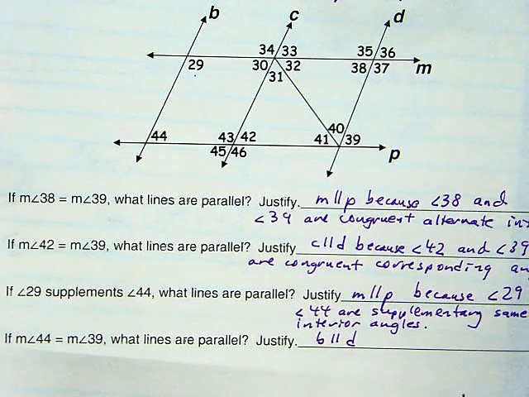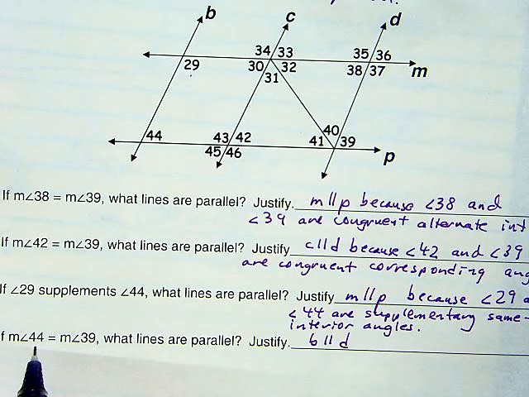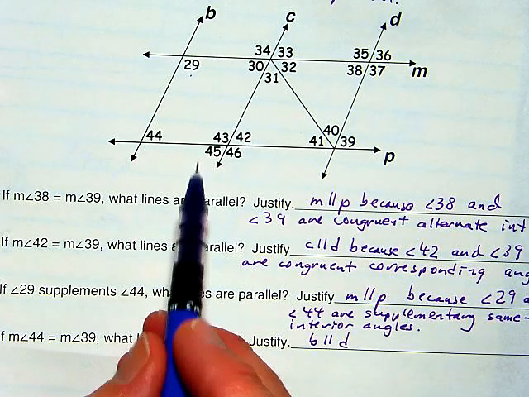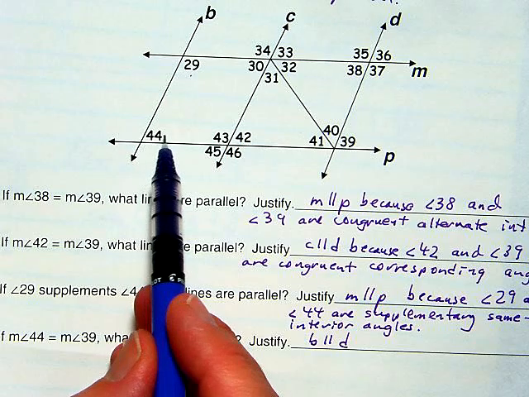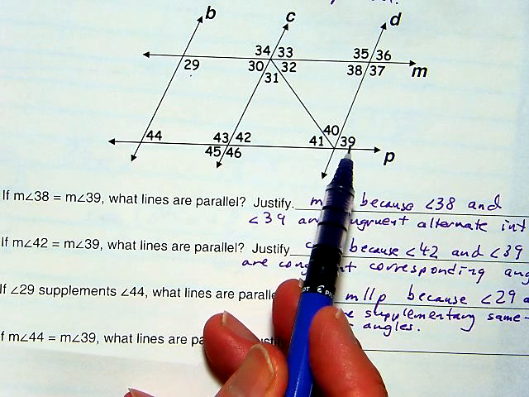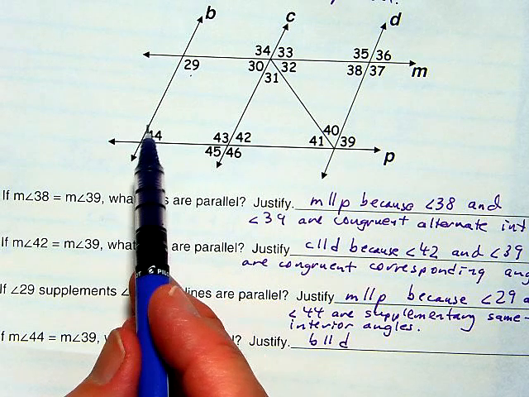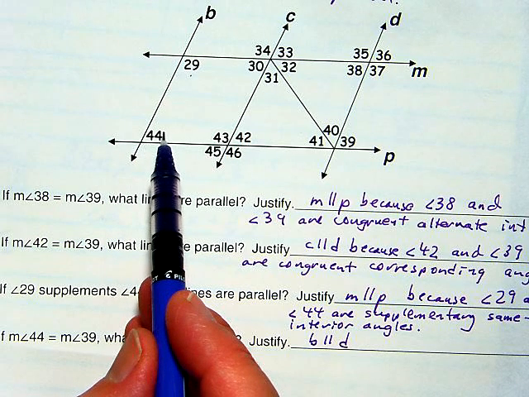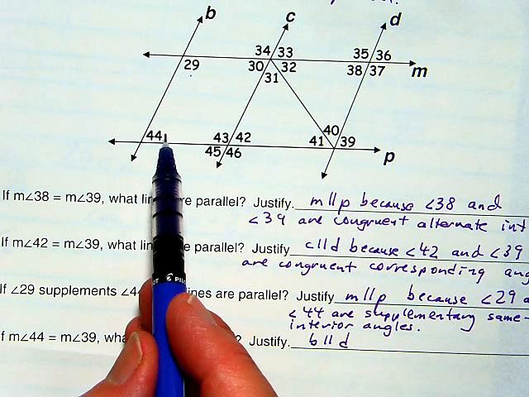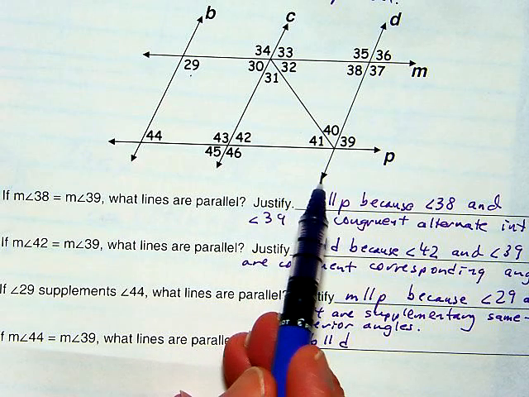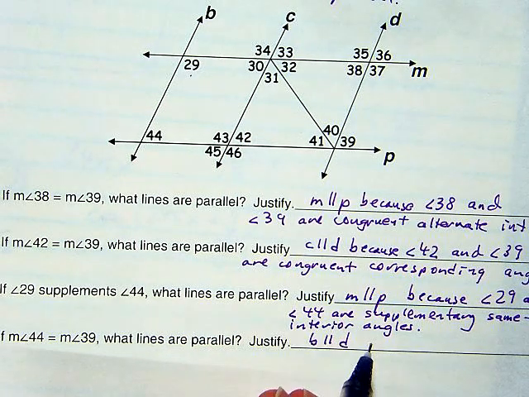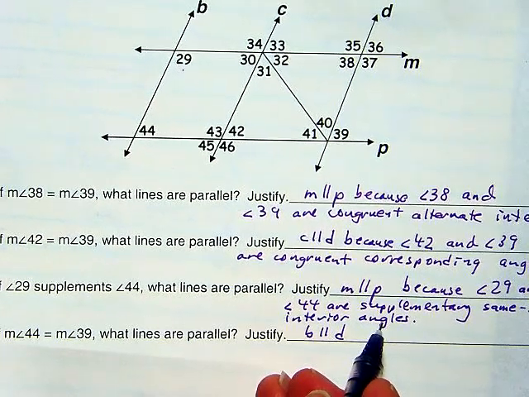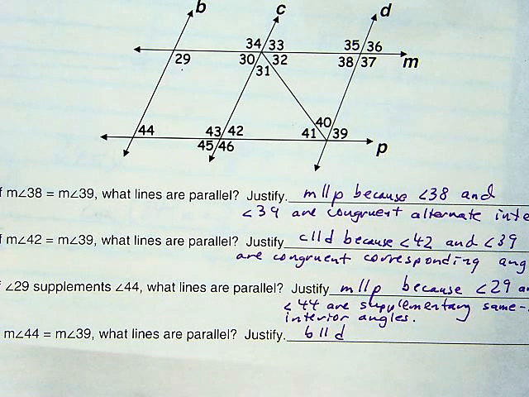Well, how can we do that? Well, let's look at the relationship between 44 and 39. What kind of angles are these? Again, they're corresponding angles. Okay, they're both in the right upper hand side of the intersection. And we are told the measures are equal, so we've got congruent corresponding angles, and therefore we can conclude that the two lines B and D are parallel.